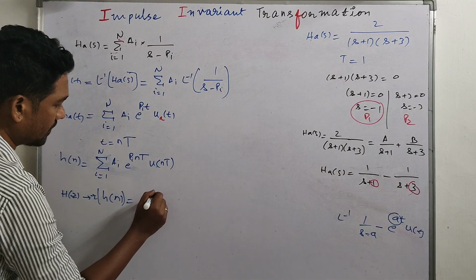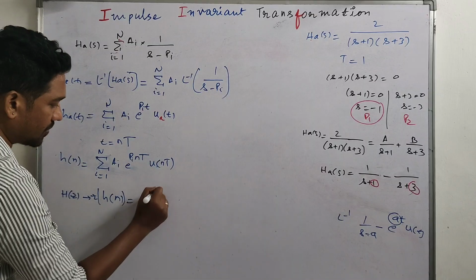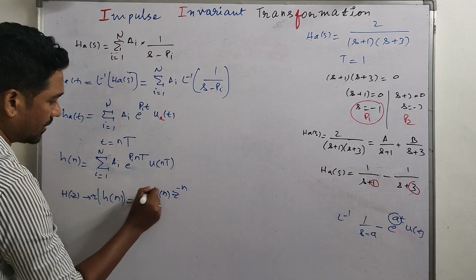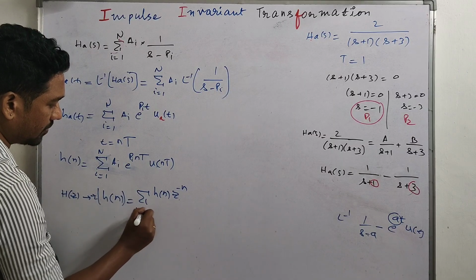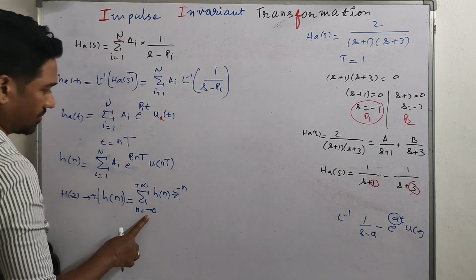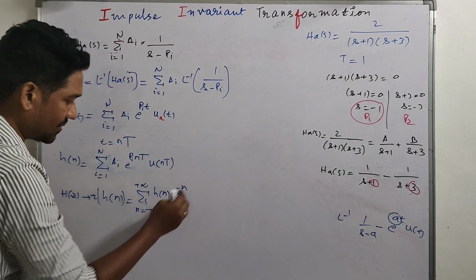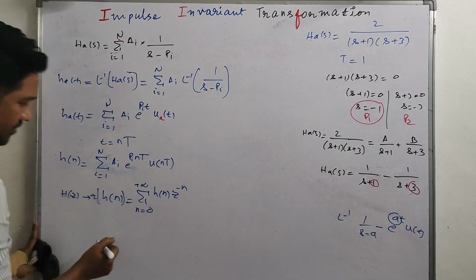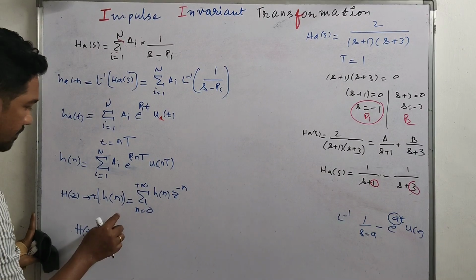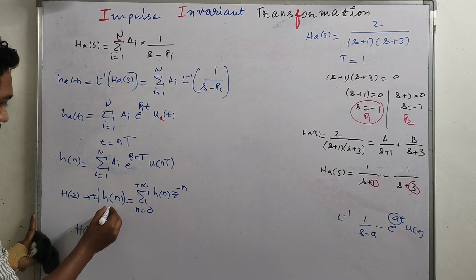And what is the z transform of any signal? h(n), whatever we have, is multiplied with z raised to minus n and summed from n equal to minus infinity to plus infinity, which is for a both-sided signal. But this signal is a causal signal, which is a right-sided signal, so the summation will be from 0 to infinity. And so H(z) is given as the z transform of h(n).